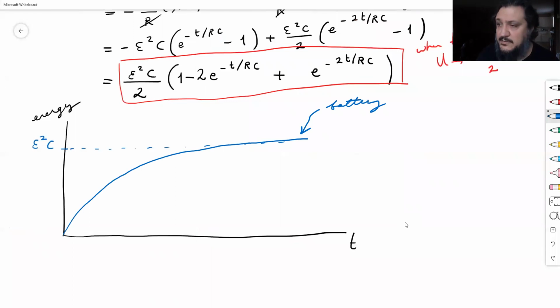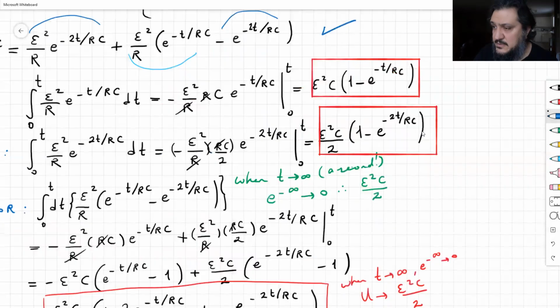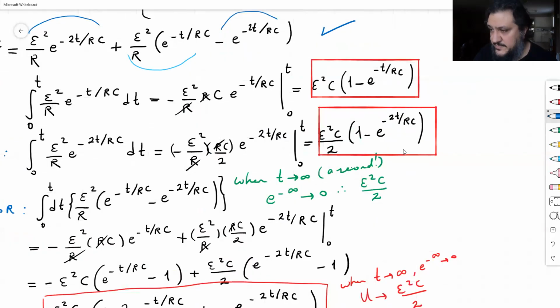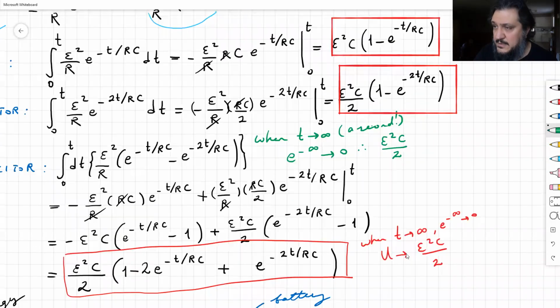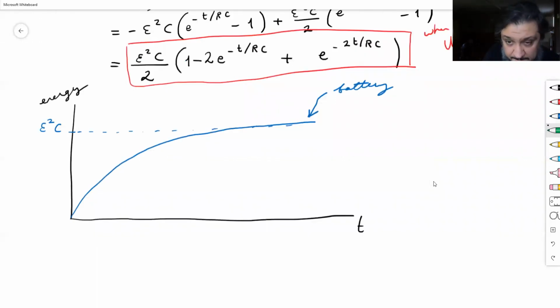Okay, what about the resistor? The resistor is right there. It looks very similar to the battery, so we know how to draw this as well. Let's use green. We just know that when t goes to infinity, it's going to become half of E squared C. So the half is right here.